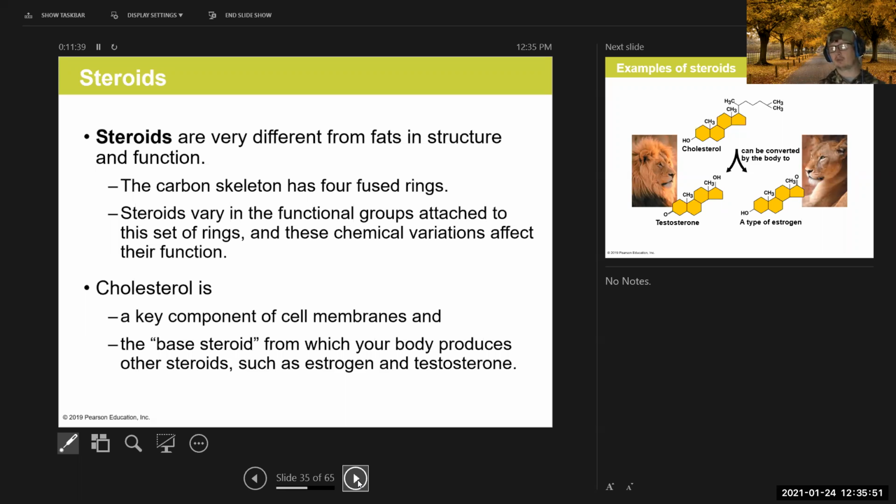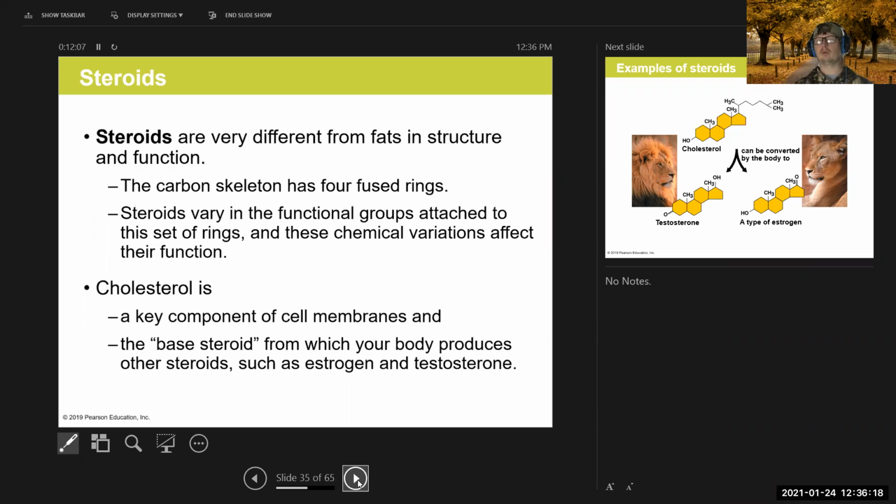They are actually in a ring, so they're made up of 4 carbon rings that have various different functional groups attached to those rings. And the functional groups that are attached to those rings determine what type of steroid it is. Cholesterol is a type of steroid found in the body, and it's actually the precursor to other steroids such as estrogen and testosterone.